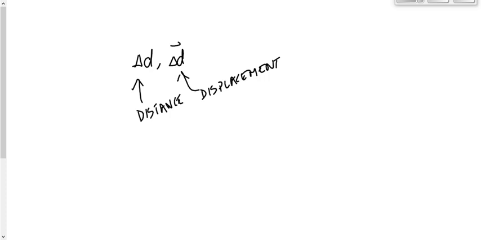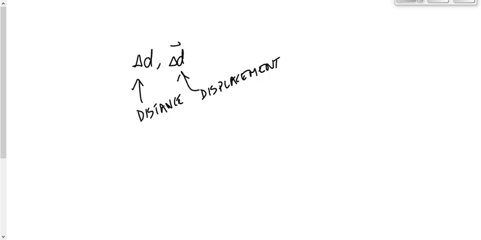But if I walk 2 meters and then turn around and walk 1 meter, my distance is 3 and my displacement is 1. Does that make sense? So displacement requires direction. But if my direction doesn't change, it's the same as distance. If it does change, it's different than distance.